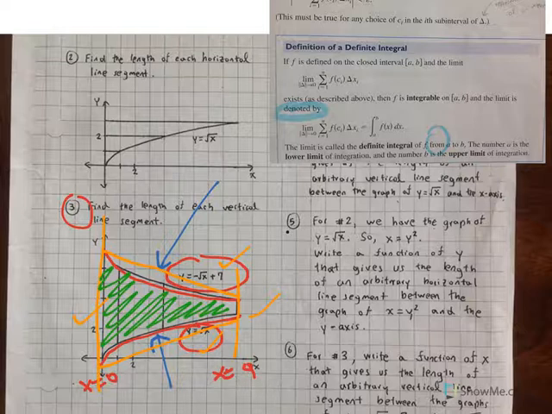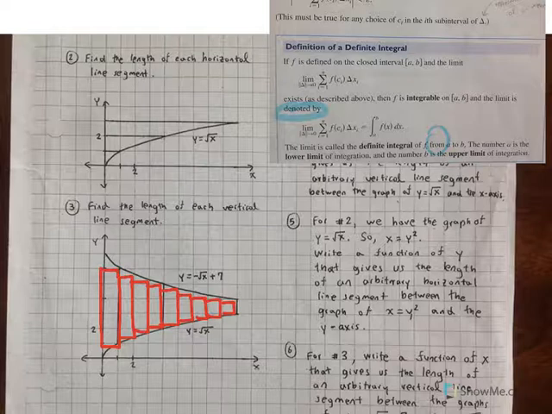So the next best thing that we can do is approximate this area. So let's see how that can be accomplished. One way in which we can approximate the area of the region is to divide the interval from x is equal to 0 to x is equal to 9 into a number of subintervals.